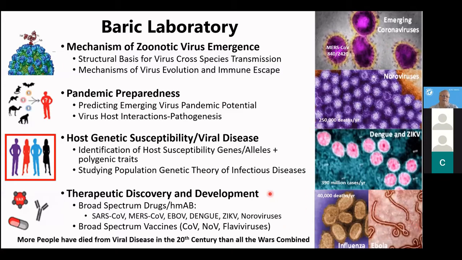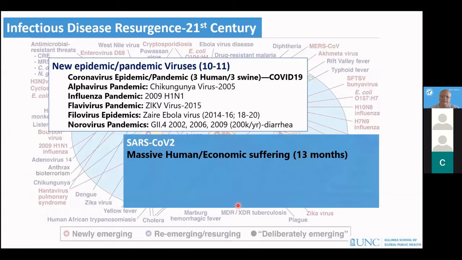And then finally, our program's heavily engaged in developing therapeutics and vaccines and platforms that allow for the identification of broad spectrum drugs, antibodies, and vaccines that protect against family-wide emerging disease outbreaks of the future. And I just want to note again that more people have died in the 20th century from infectious agents than all the wars combined. And certainly the 21st century looks like we're well on that pathway again.